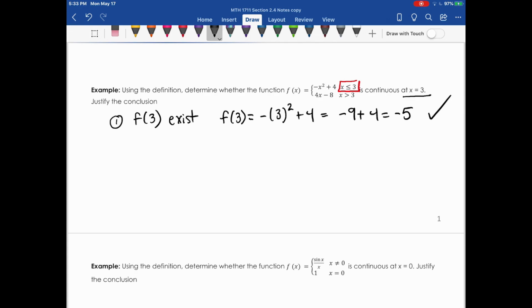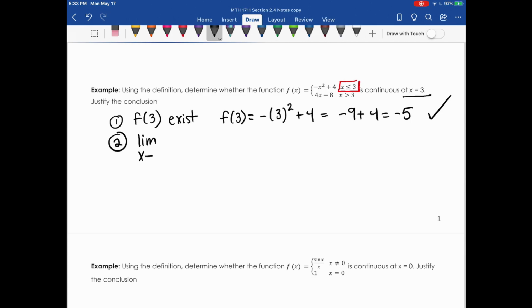The first property passes. The value of the function exists at x equals 3. The next step is to see if the limit exists. And we want to make sure it's the two-sided limit.